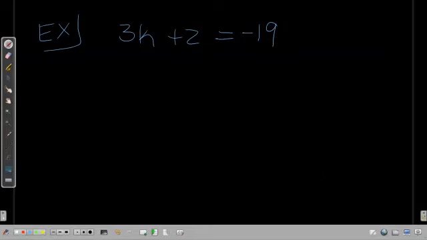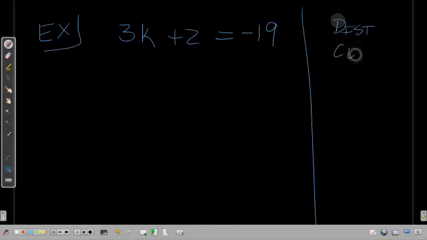This is an equation. It has an equal symbol. So it's an equation. Let us solve it. We have our 4 steps that can solve any equation of this type. You distribute, you combine like terms, you do your additive inverse, you do your multiplicative inverse.